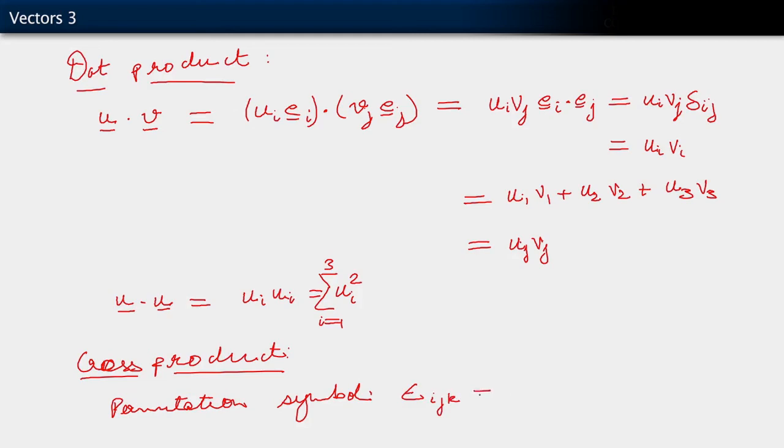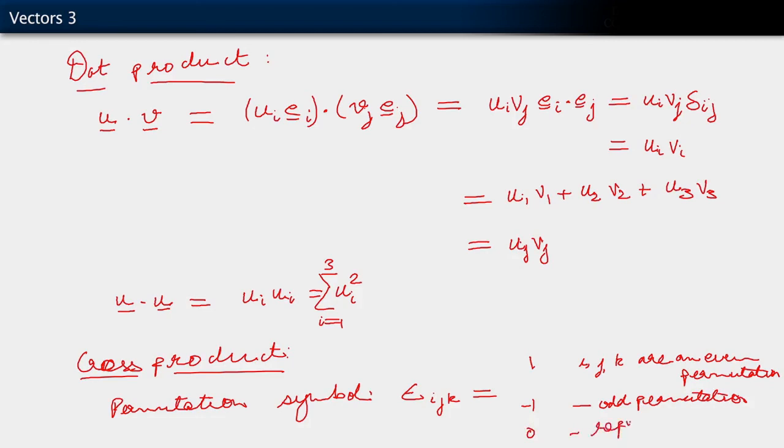Epsilon ijk is equal to 1 if ijk are an even permutation, it's equal to -1 if they form an odd permutation, and it's equal to 0 if any of the indices are repeated.